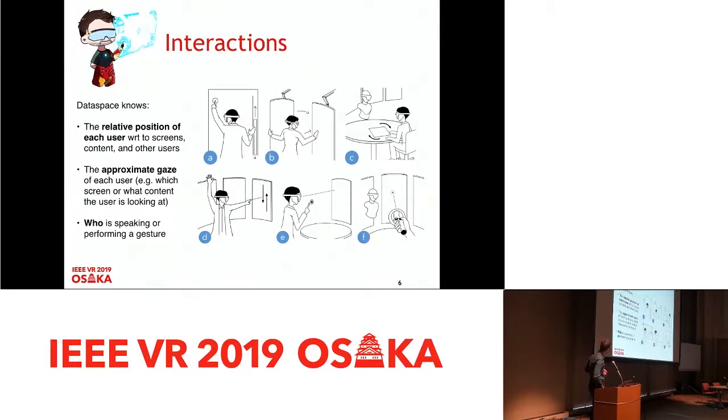Also, thanks to the combination of microphones and the HoloLenses, we know which person is speaking or performing an action. So for instance, if I want to take control over the discussion during a meeting, I can raise my hand, a light is going to illuminate me, and then all the content is going to be reoriented towards me, because in the end, it's a circular design, so we can shift and rotate the content.